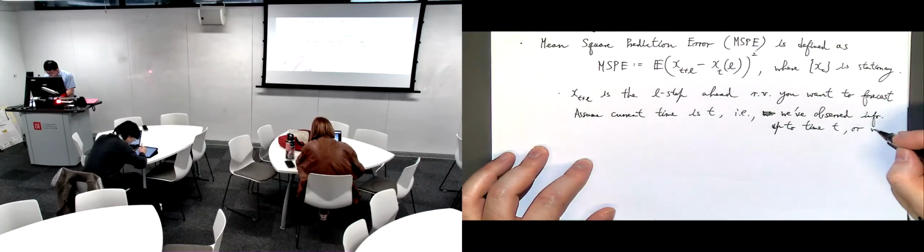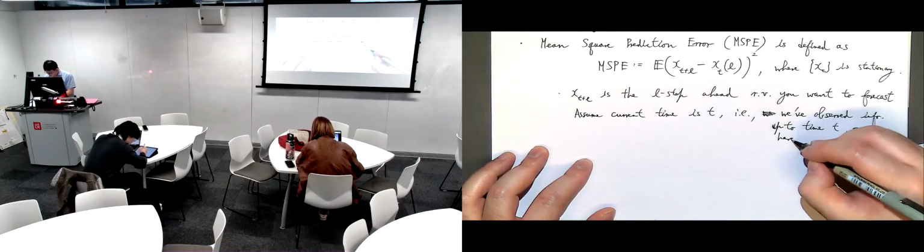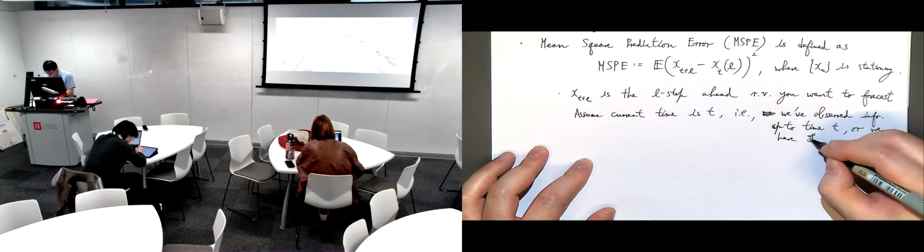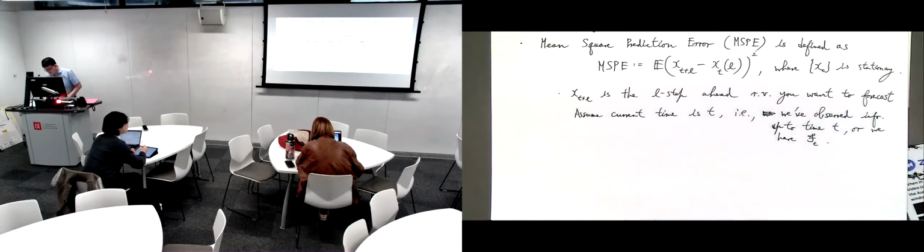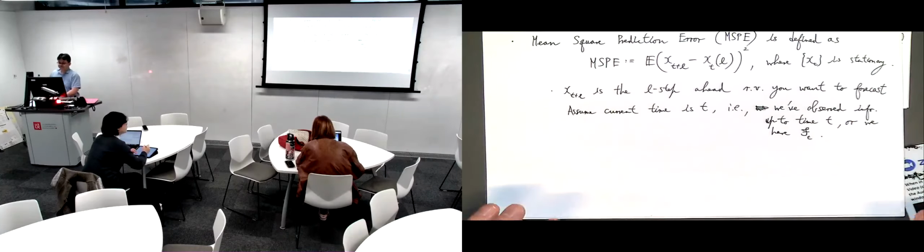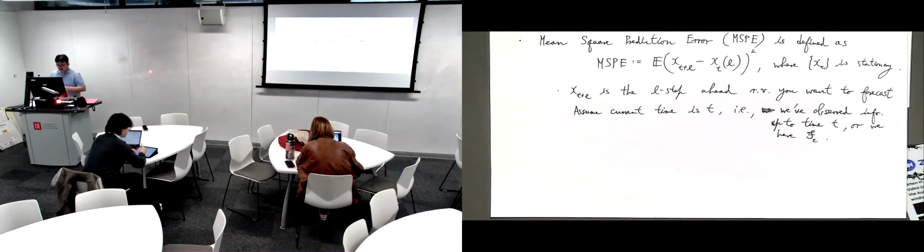Or we say we have F_t, a curly F_t, which means information up to time t. And as last lecture said, if you want to be more formal, it's a sigma algebra generated by your time series X_t.